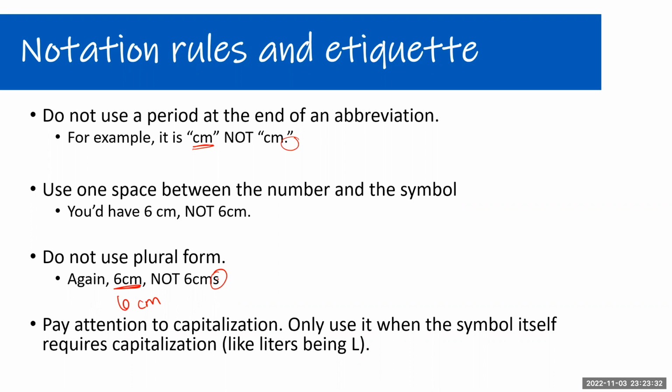So only use capitalization if the symbol itself requires it. Liter is not a lowercase l, it is actually a capital L. And so we would use a capital L in that case. Meter is simply lowercase m, okay? Not going to be capital M, okay?